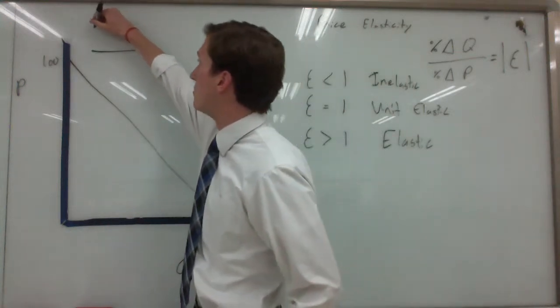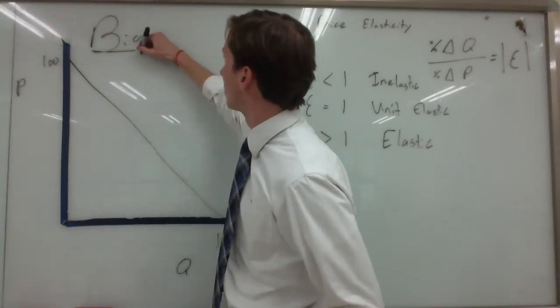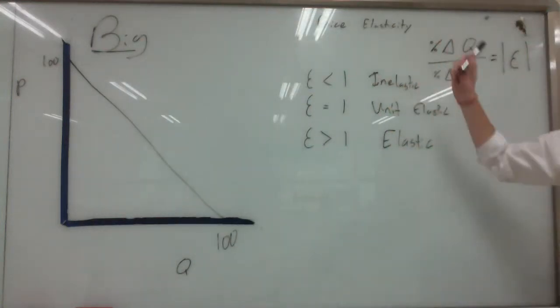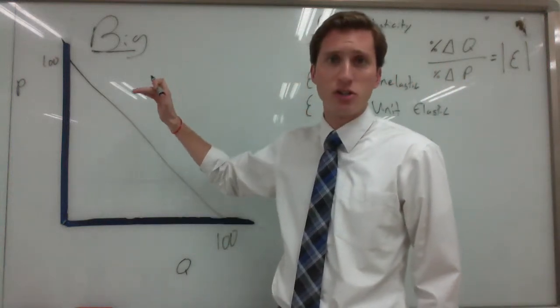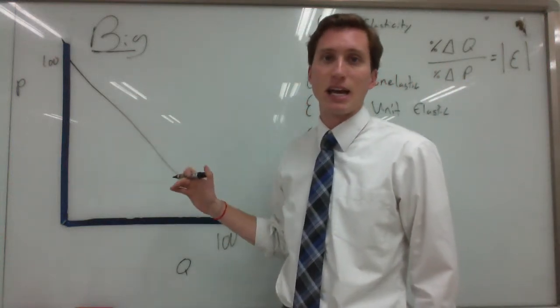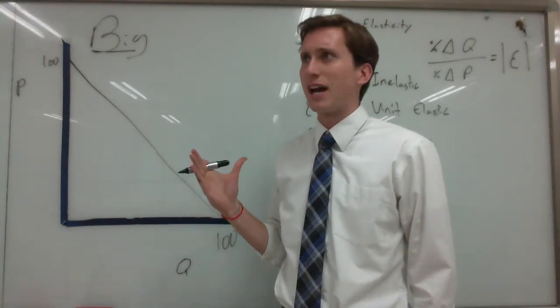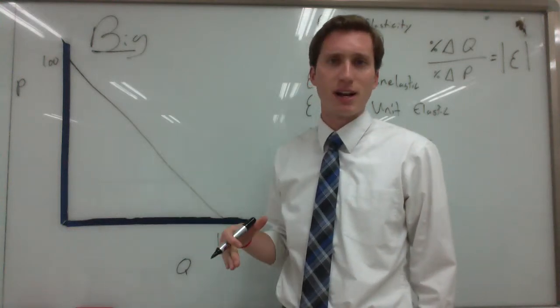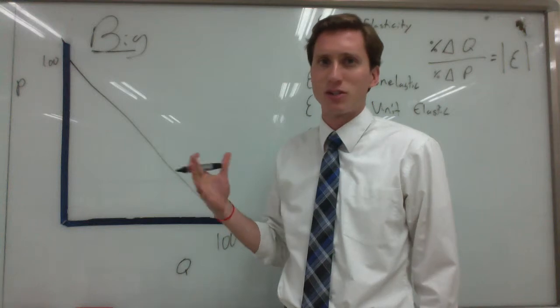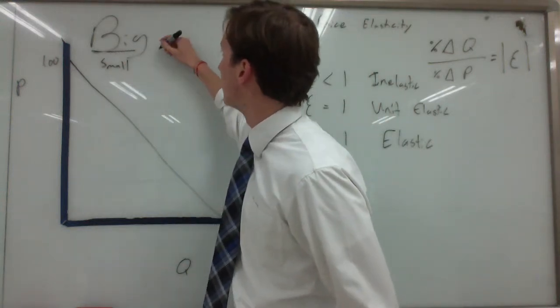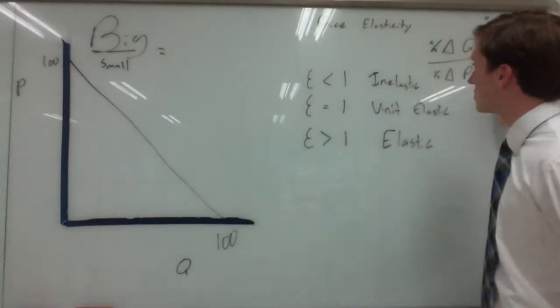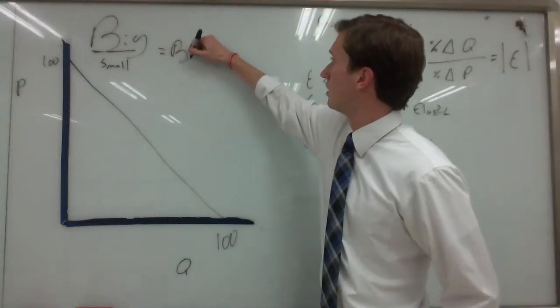So this is going to be a big number for percentage change in quantity. But for percentage change in price, we're going from, let's say, 99 to 98. Well, in the scheme of things, 99 minus 98 divided by 99 is not that much of a change. It's a very small amount, equaling the elasticity coefficient to be very big.